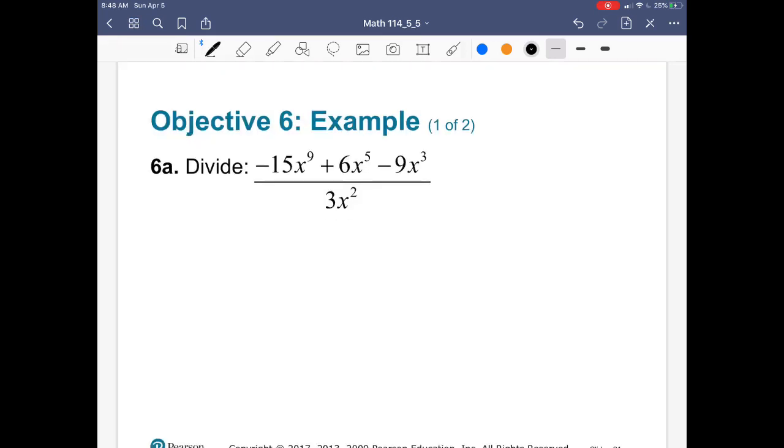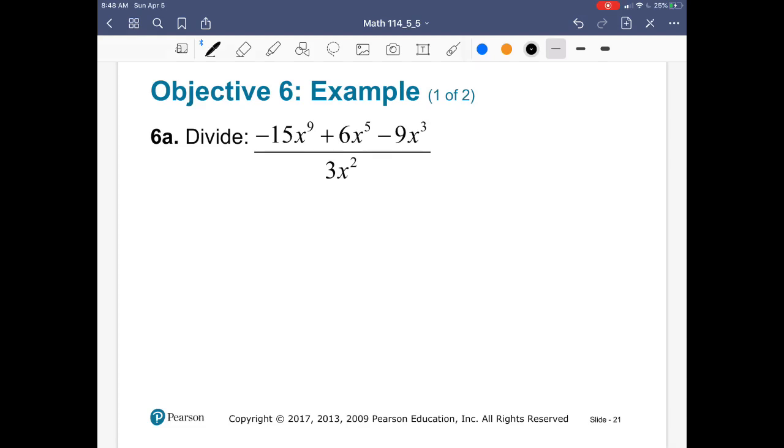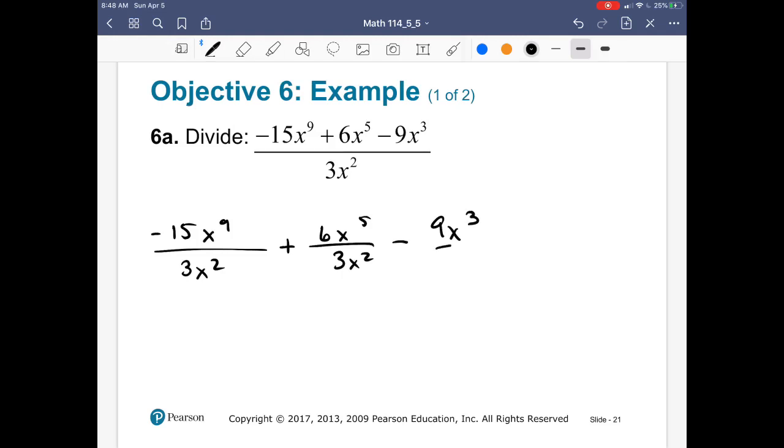So, again, similarly, I can separate those things into every single term. So now I have negative 15x to the 9th over 3x squared, plus 6x to the 5th over 3x squared, minus 9x cubed over 3x squared.